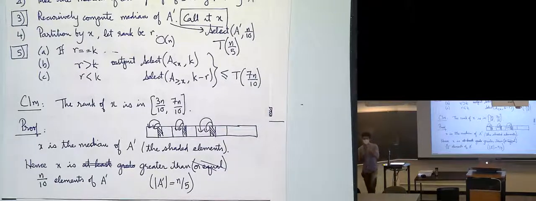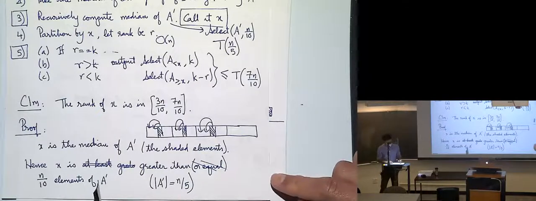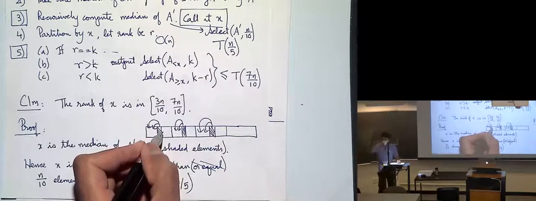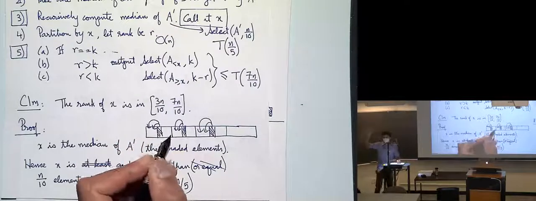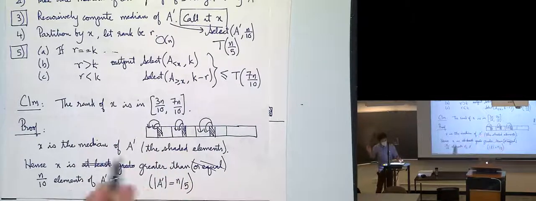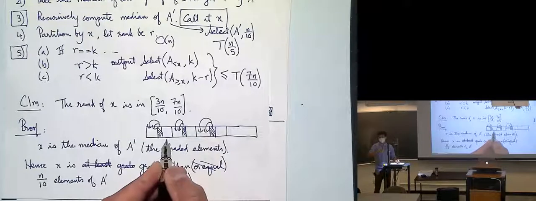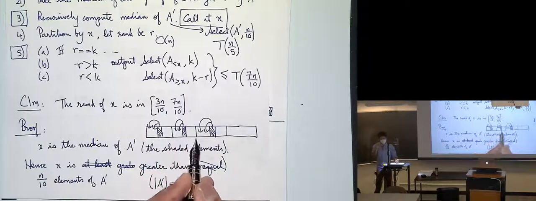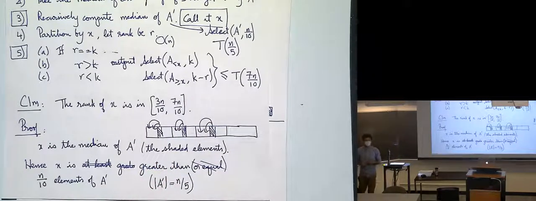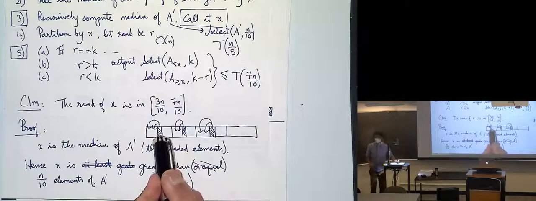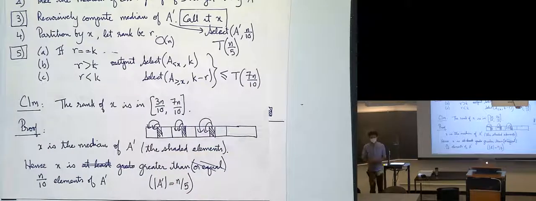So the median is greater than or equal to itself. Maybe I should have said greater than. So this is greater than or equal to itself and 2 elements, but x, the median, is going to be greater than it strictly. I should have been more careful about that. So it's greater than the median, which means it's greater than that element and greater than those others.